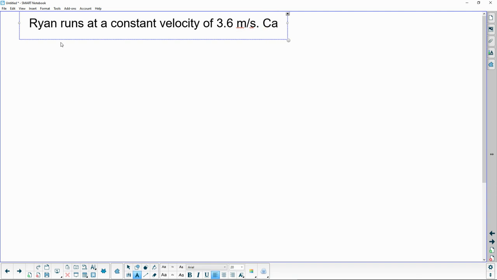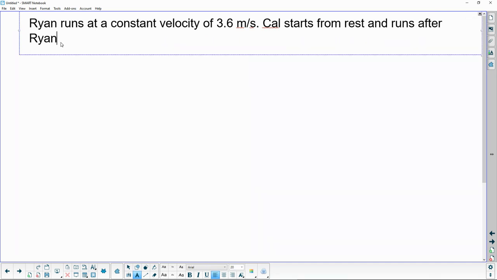Okay, Cal starts from rest and runs after Ryan. Cal starts 4 seconds after Ryan has.